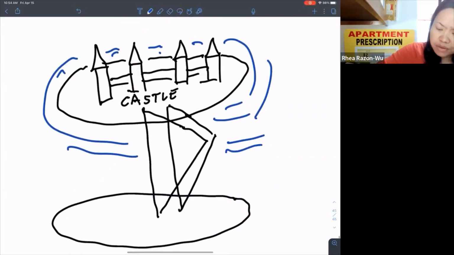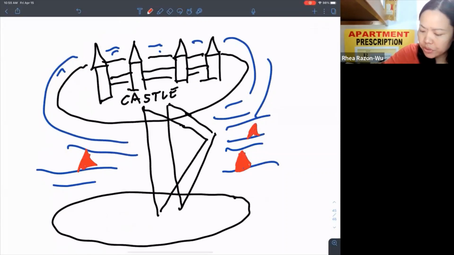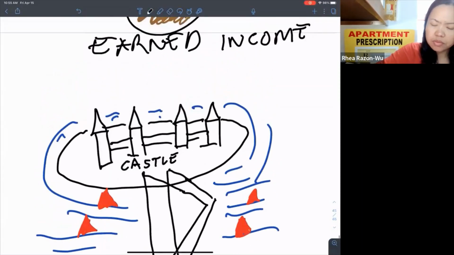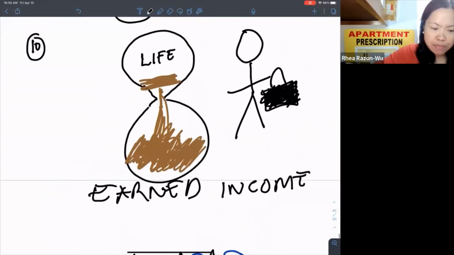And so the moat of this castle is this bridge and the sharks. Without the drawbridge, one cannot get across. Because why? There's sharks in here. So if you try to swim, they're going to eat you. These big sharks protecting the castle. That's the moat of the castle. Now, earned income, and this is the 10th point.